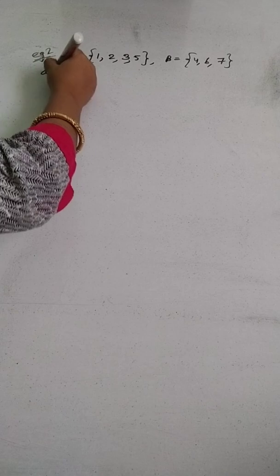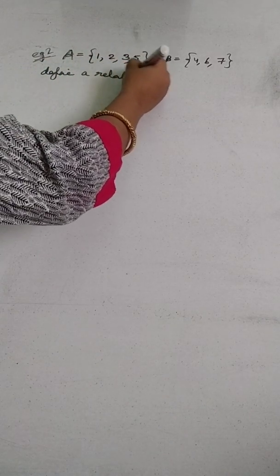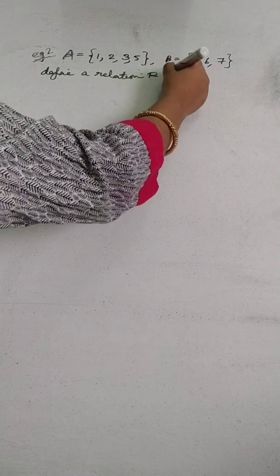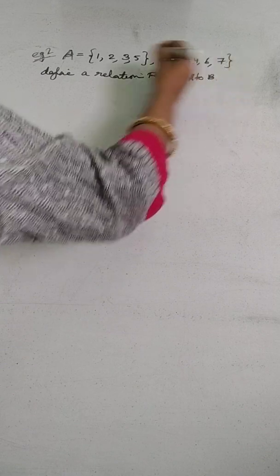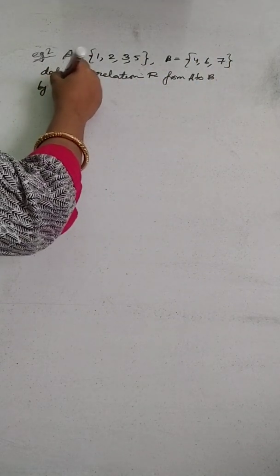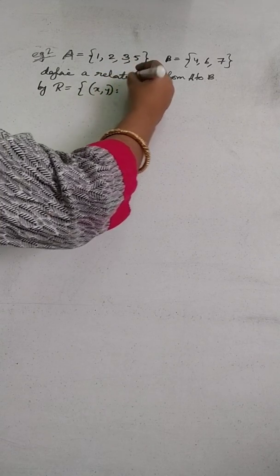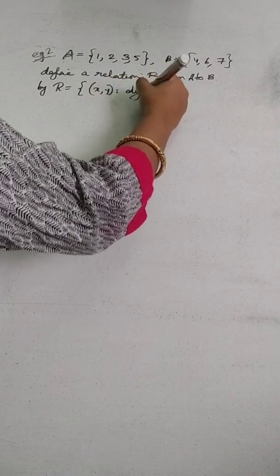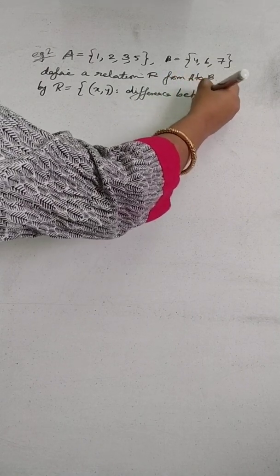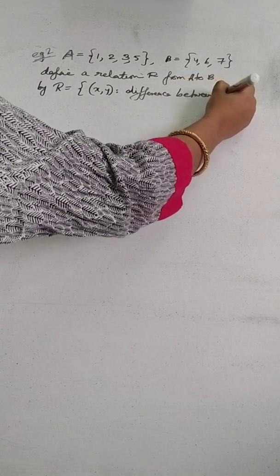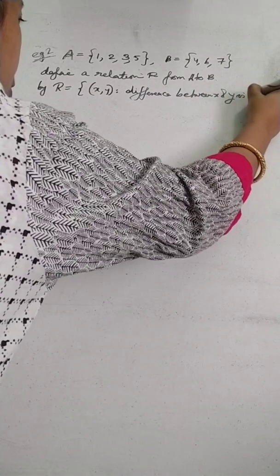They are saying to define a relation R from A to B by R is equal to (x, y) such that the difference between x and y is odd.